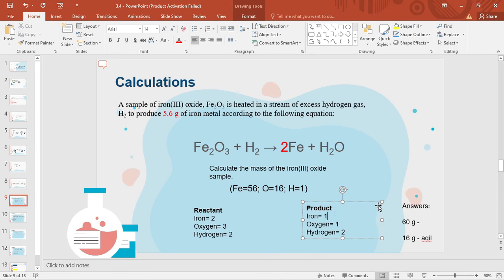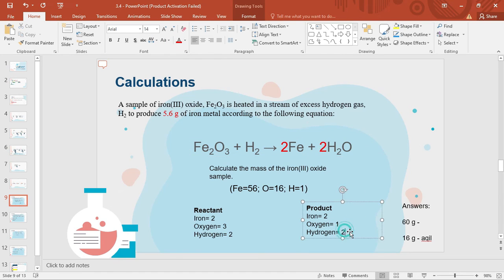Now 2 iron. The one not balanced is oxygen, because here got 1, here got 3. What to do? Put 2 at H2O. Now both hydrogen and oxygen have different numbers of atoms.